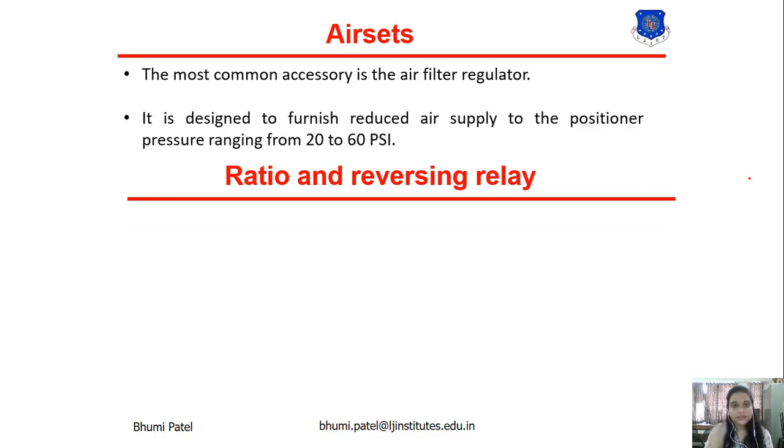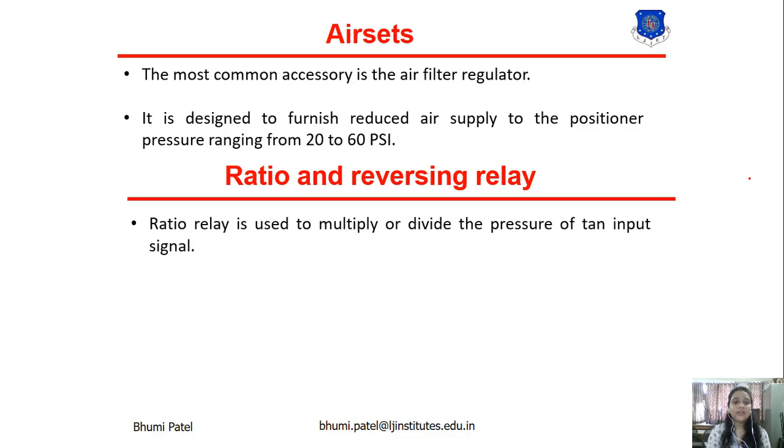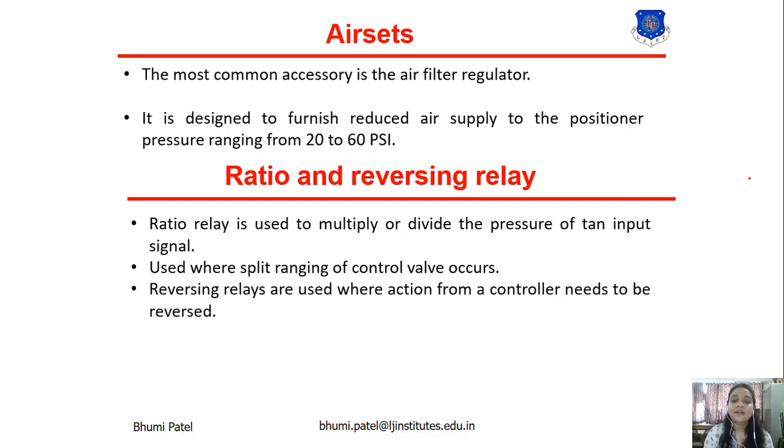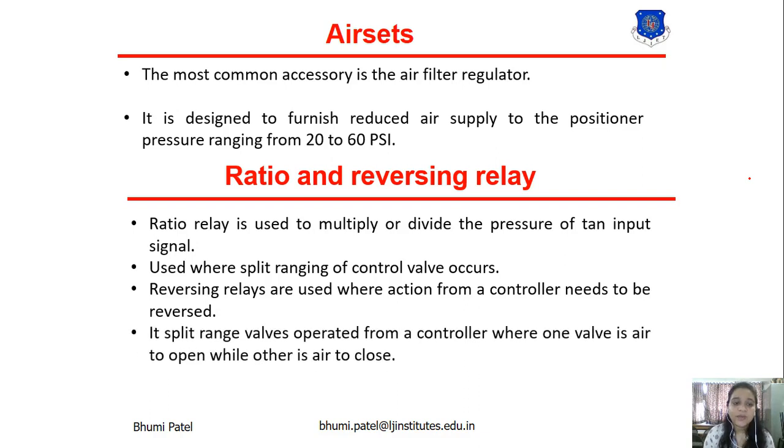And the next one is the ratio and the reversing relay. Now what is the ratio relay? It is used to multiply or divide the pressure of the input signal. It is used when split ranging of control valves occurs. Reversing relays are used when the action from a controller needs to be reversed. It helps the range valves operate from a controller when one valve is to open while the other is to close.